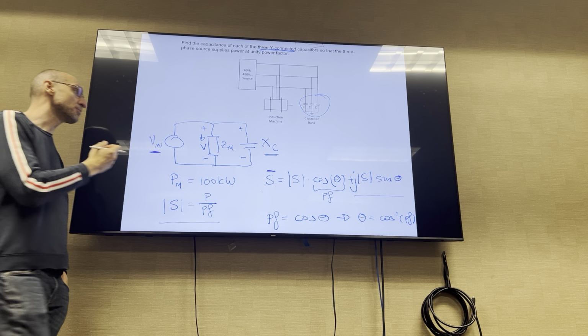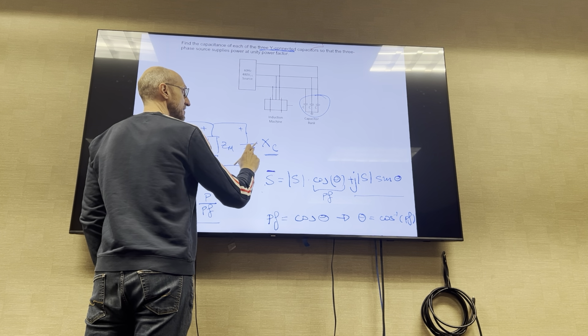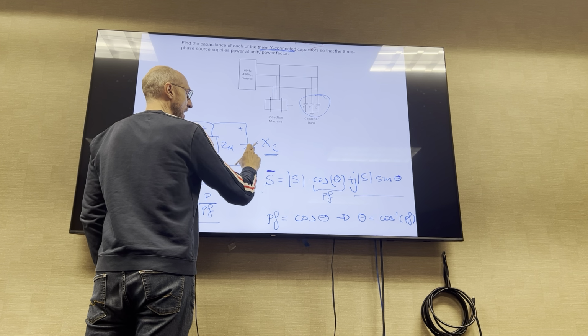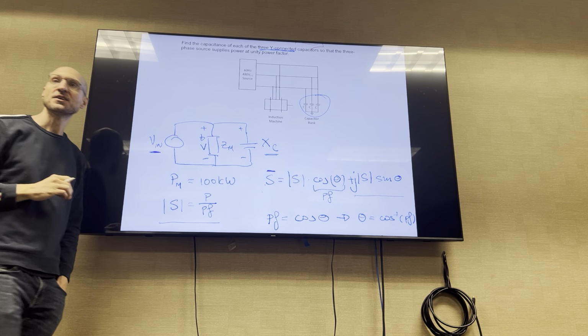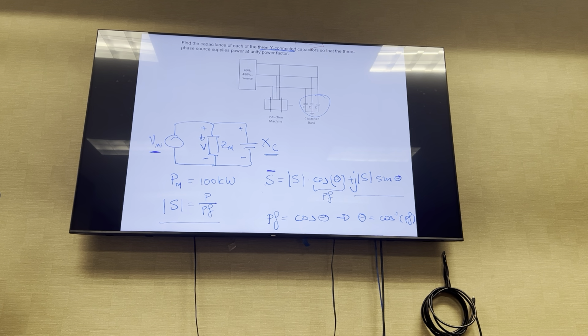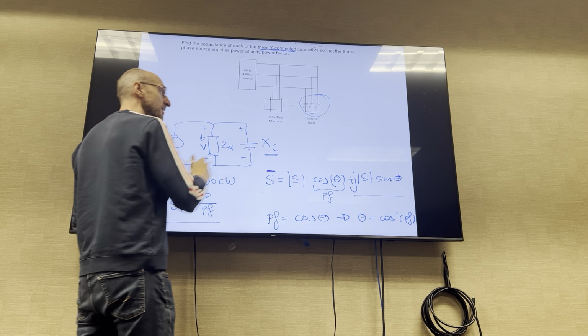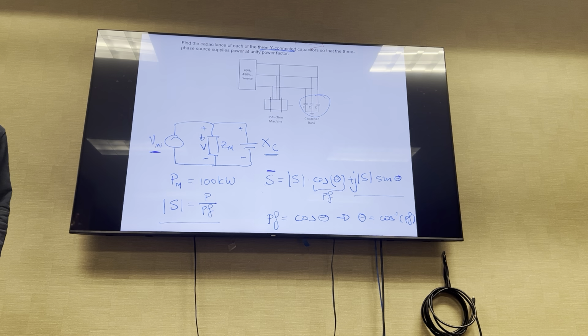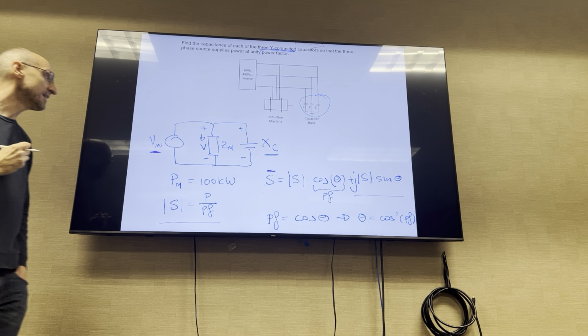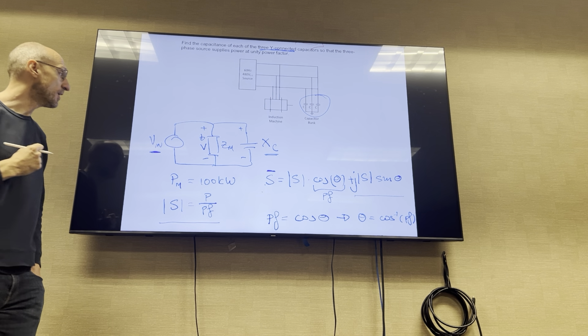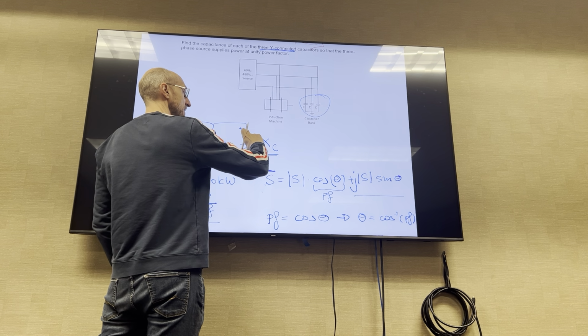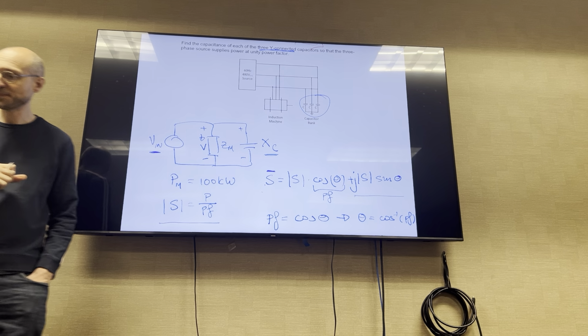To find the actual capacitor value, I will use my formula. Q is I squared XC, or in this case it'll be easier to use Q is V squared over XC. So I need to figure out what V I have over the cap.